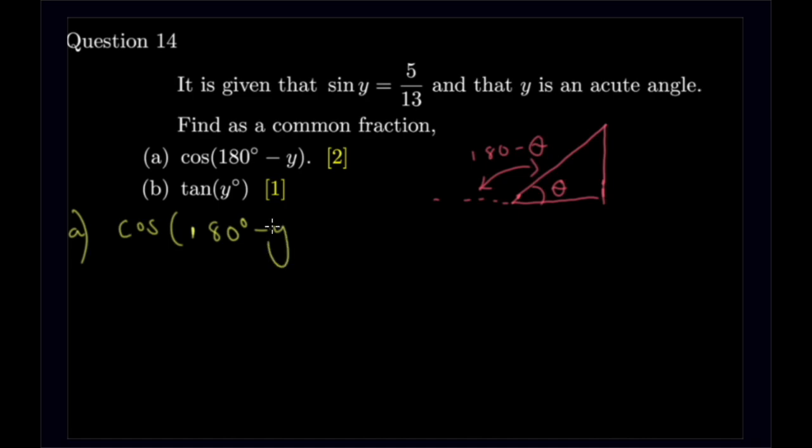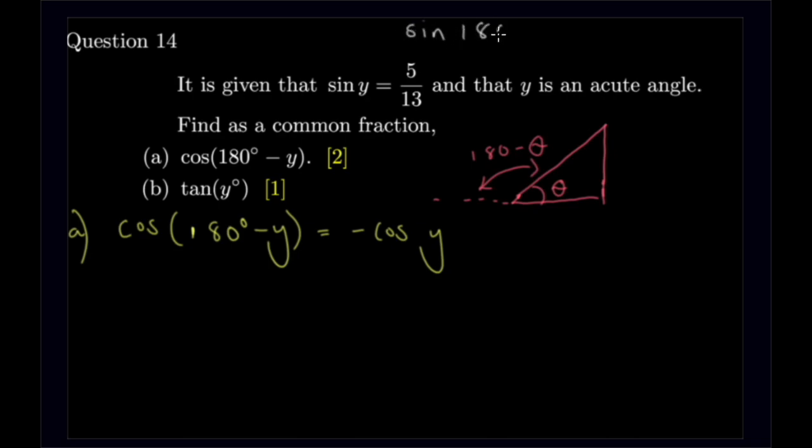So cos of the external angle is equal to negative cosine of the inside angle. Then for sine, these are the same. So let me just put it here, just in case you get something for sine, you're required to know these formulas.